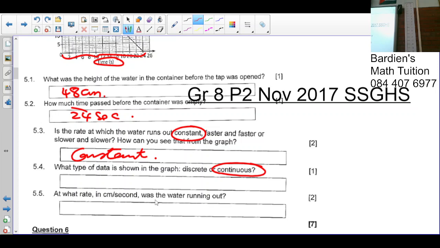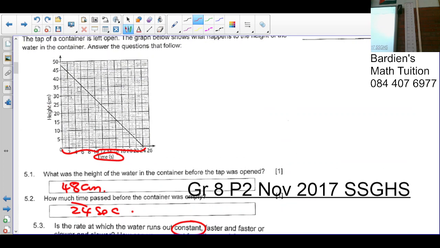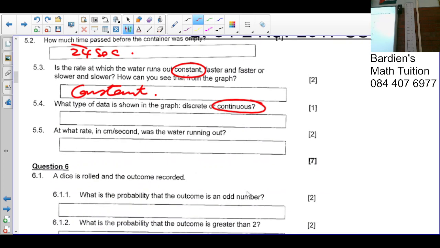Right, so you understand what's the difference? Discrete data is data that can be counted, whilst continuous data is data that must be measured. But we'll talk about more of this next year. Okay. At what rate in centimeters per second was the water running out? So it was running at 48 over 24.